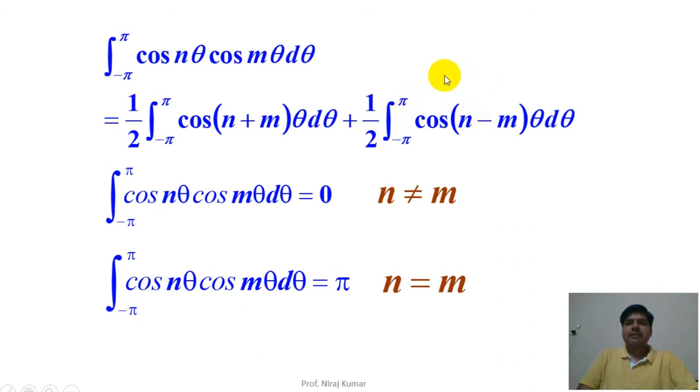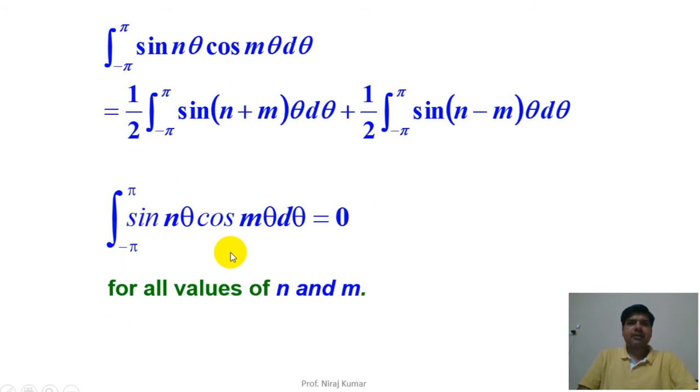So it will become pi. So if m and n are equal, this integration will give us pi. Now the next important integration in this Fourier series is sin n theta into cos m theta d theta for a period of minus pi to pi.